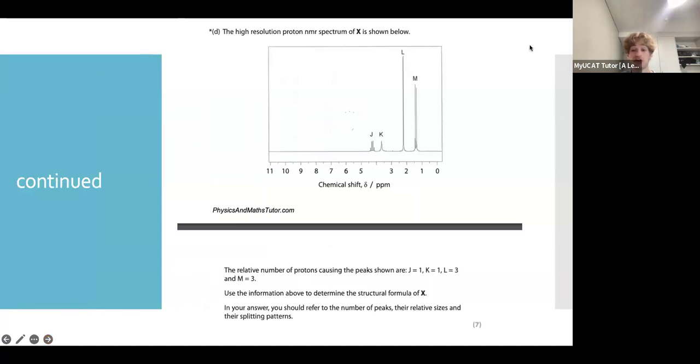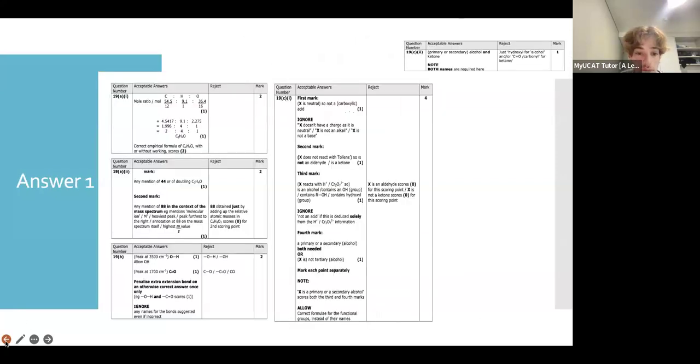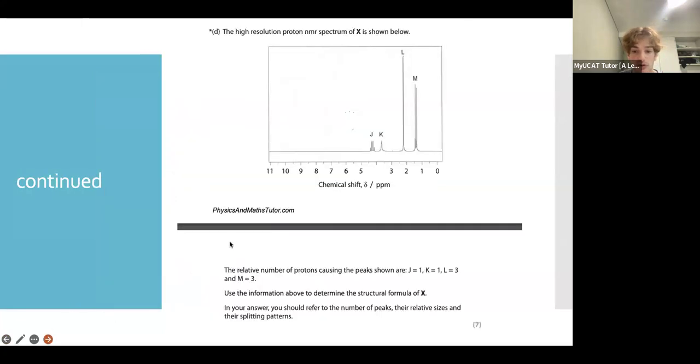So this is a continuation of the previous question. Just to remind you of what we found in the previous question, it had a molecular formula of C4H8O2. That's the first thing to make a note of because I just couldn't get it all on one page.